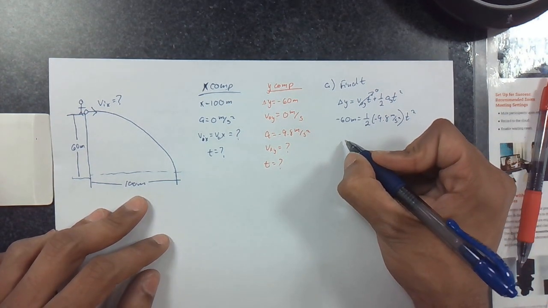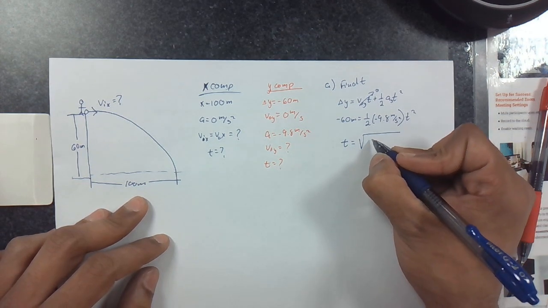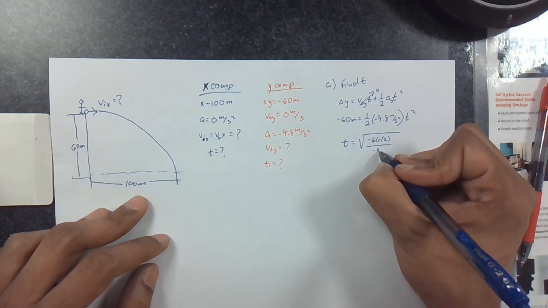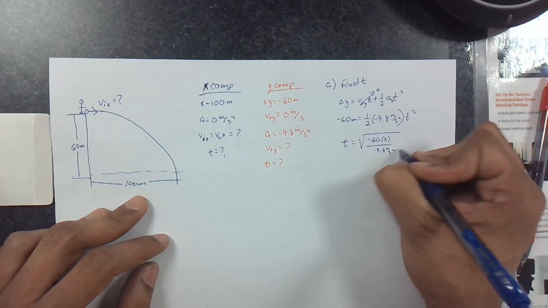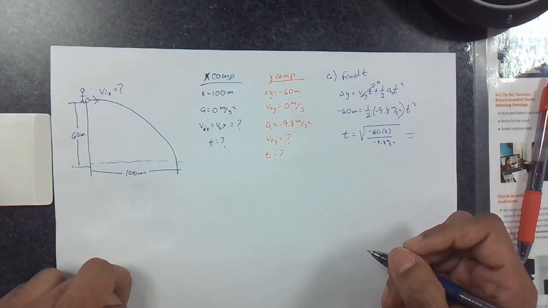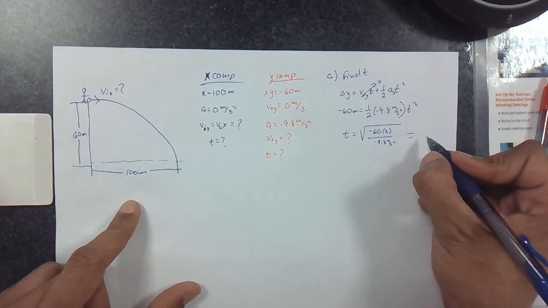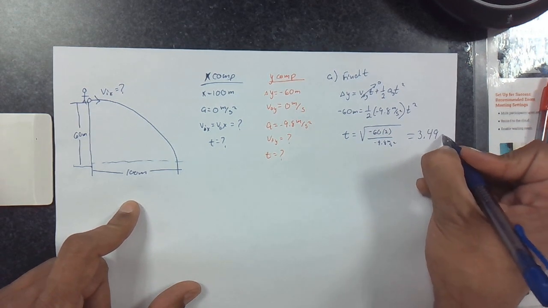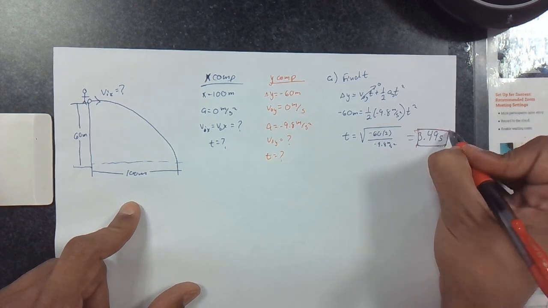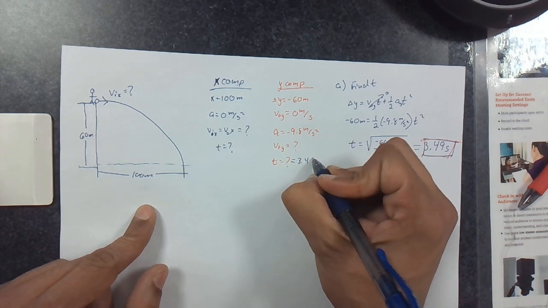So we end up with t is equal to the square root of negative 60 times 2 divided by negative 9.8 meters per second squared, which gives us a time of, let me just make sure, 3.49 seconds. All right, so t equals 3.49 seconds.